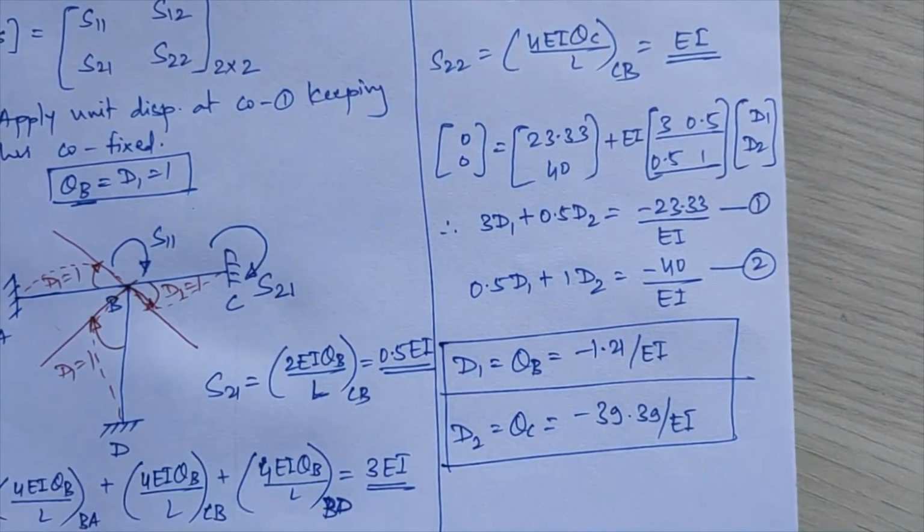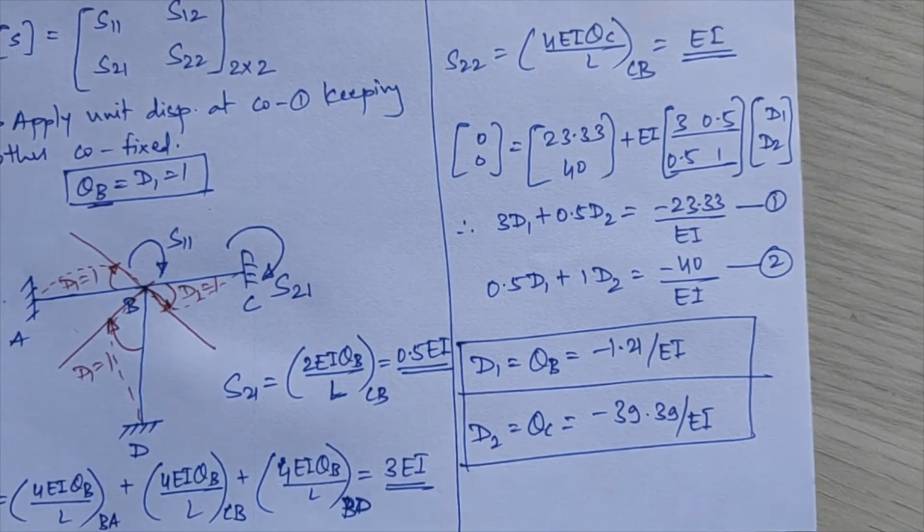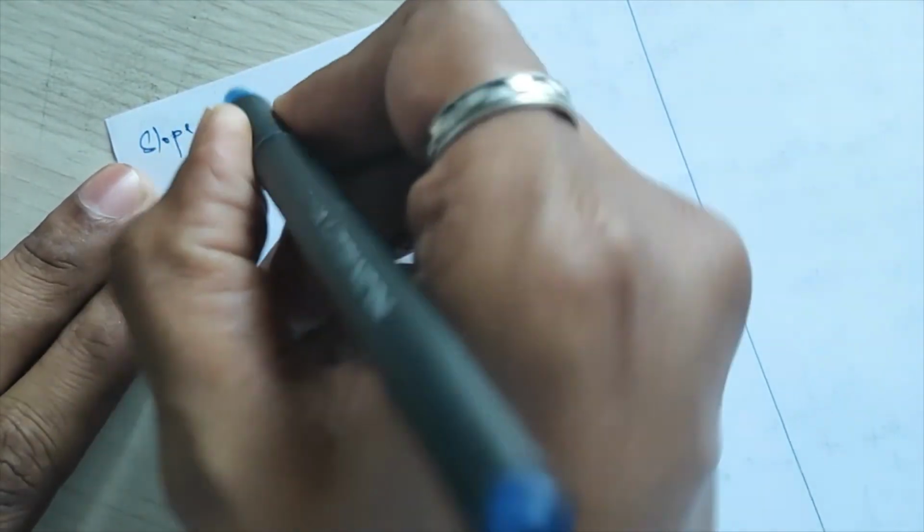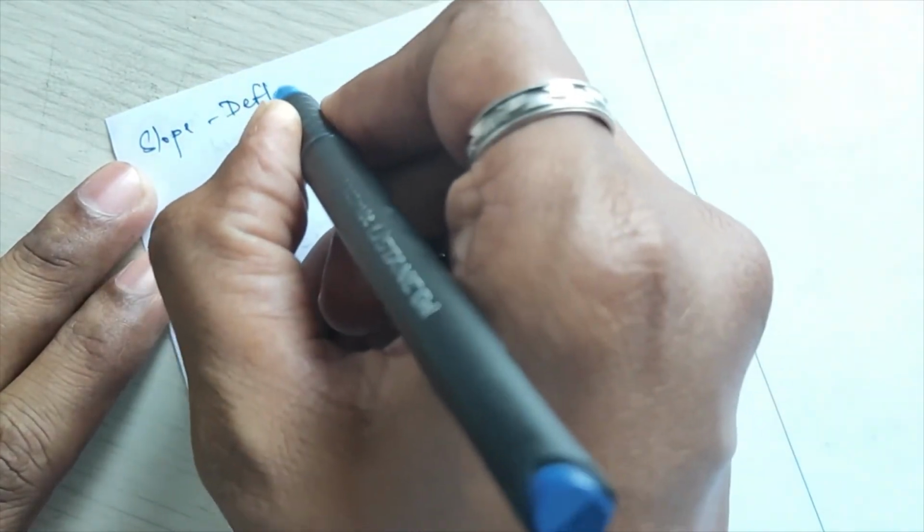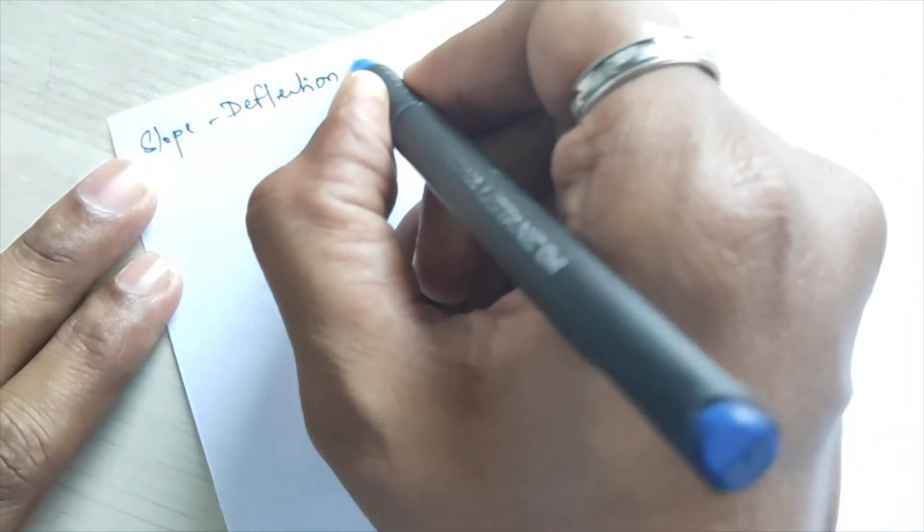So these are the two values which I have got here. Okay, so after getting these values, now next part is what, that you will be calculating your final moments over there. So next we'll be doing, that is for slope deflection equations.